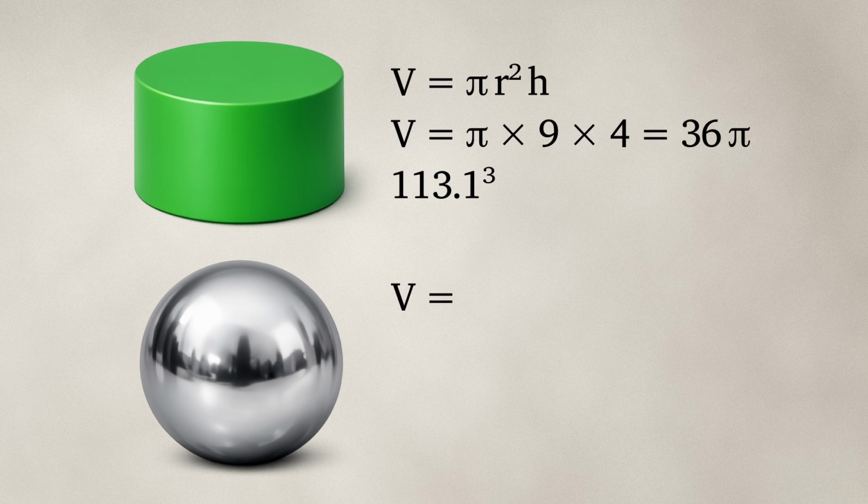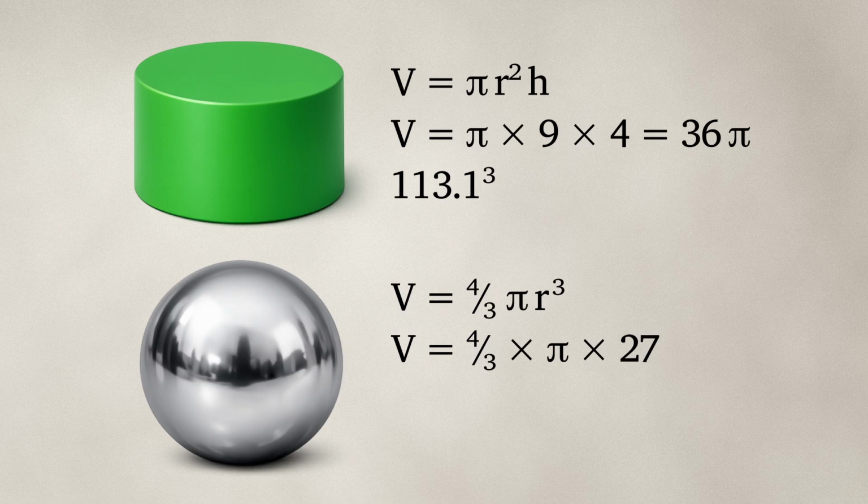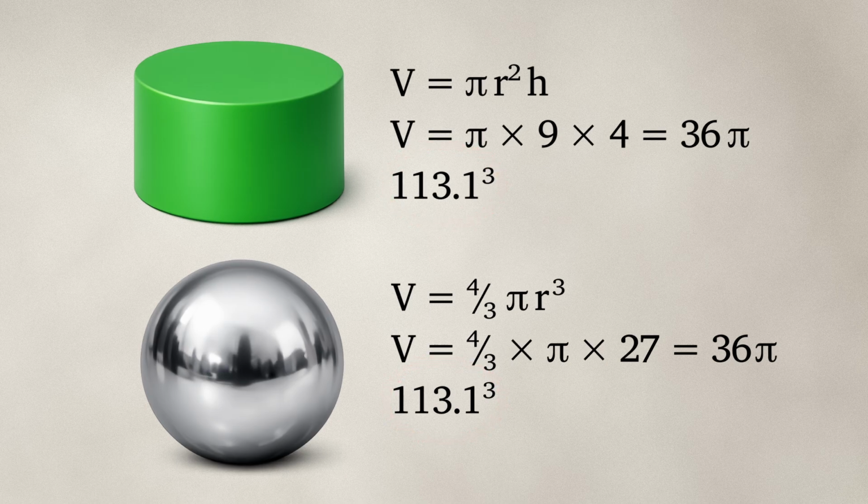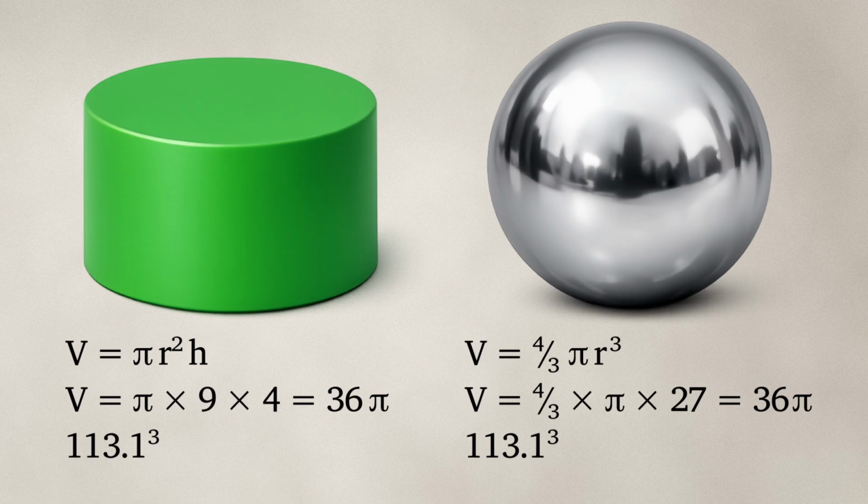We know the volume is 4/3 times pi times the radius cubed. So 4/3 times pi times 3 cubed, which is 27, equals 36 pi. And that's approximately 113.1 cubic units. They're exactly the same. Both shapes have a volume of exactly 36 pi cubic units.